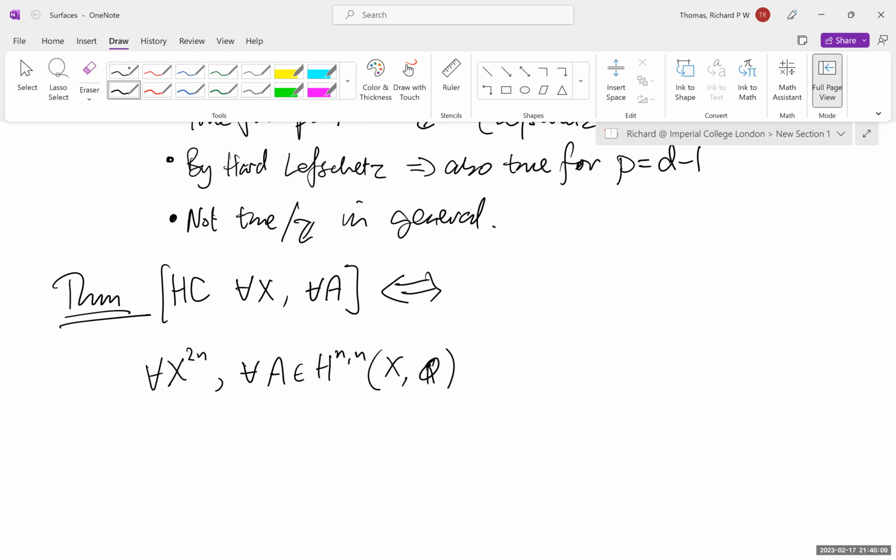And then for these middle dimensional classes, I don't need to prove the Hodge conjecture for those either. I don't need to find a subvariety which represents them. All I need to do is find a single hypersurface which contains them.